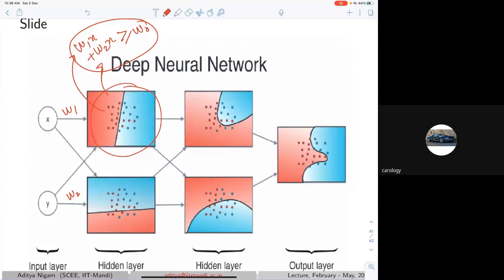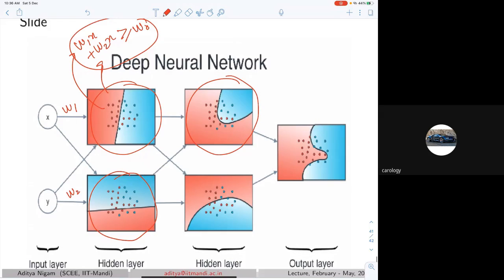And you can see that essentially it is learning a line over here. This neuron is also learning a line which is different from the first line. What is this neuron learning? This neuron is giving W1 weight to this and W2 weight to this. So you will say that, okay, it's also going to learn a line for you.